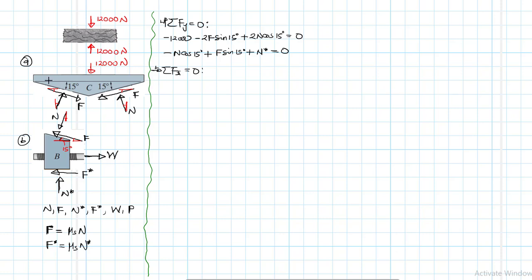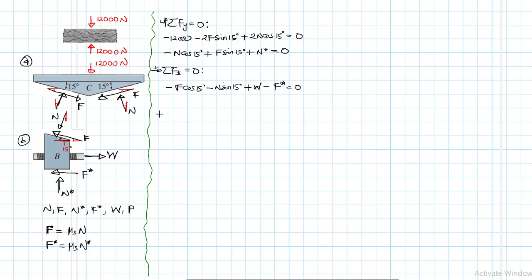They cancel each other, so there's no need for free body diagram A. We go to free body diagram B. It gives us a minus F cos 15 degrees, then minus N sine 15 degrees, and then plus W, then minus F star equal to 0.